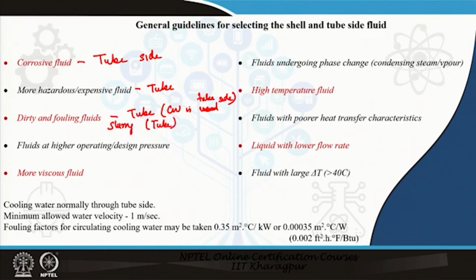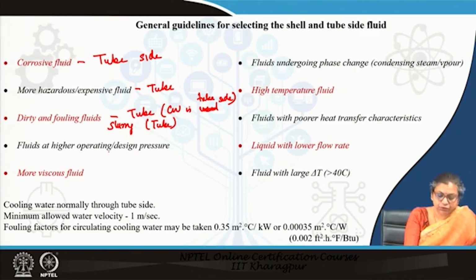The other thing is fluid at a higher pressure. In this case also, if you remember, I had told you that when a fluid is at a higher operating or a higher design pressure, under that condition, t equals P d by 2 sigma.